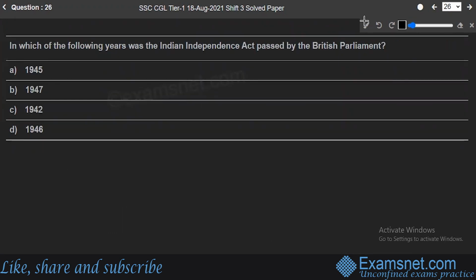Question number 26. In which of the following years was the Indian Independence Act passed by the British Parliament? Is it 1945, 1947, 1942, or 1946? The Indian Independence Act was passed by the British Parliament in the year 1947. This act put into action the Mountbatten Plan for the Independence and the Partition of India. The act created two new independent dominions, India and Pakistan.